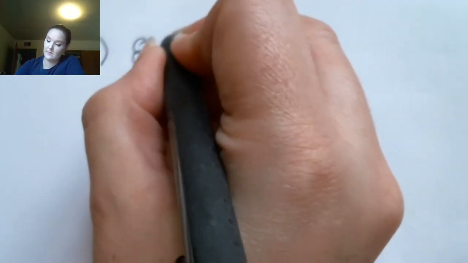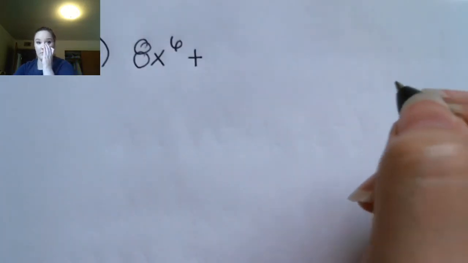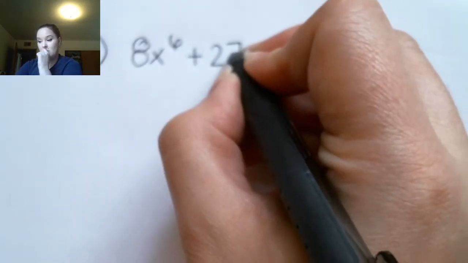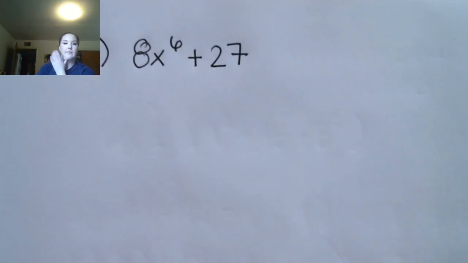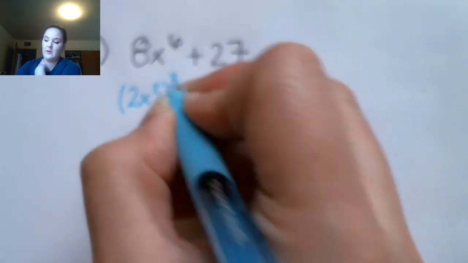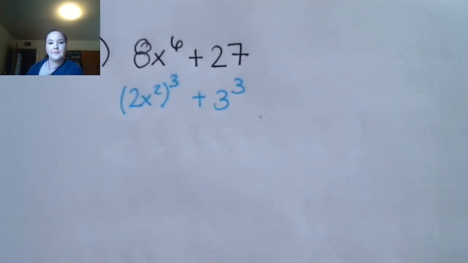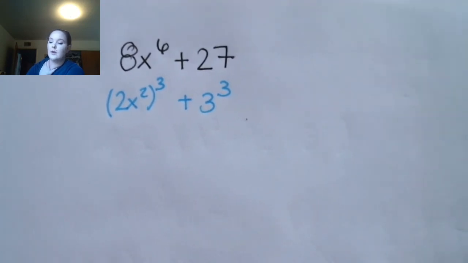Let's look at a more unusual example of those. So this is still the sum of cubes. This is 2x squared cubed plus 3 cubed. We're still going to use the formula with our a being 2x squared and our b being 3.